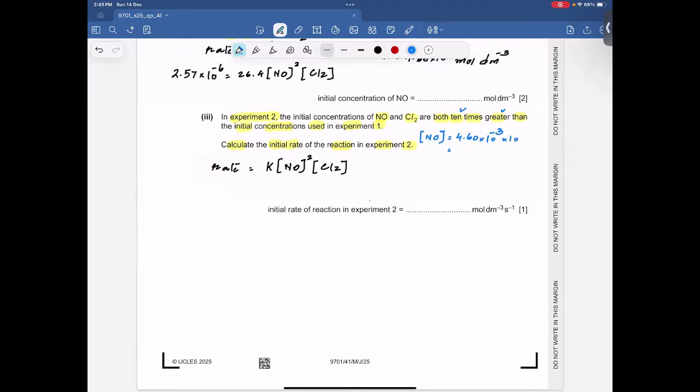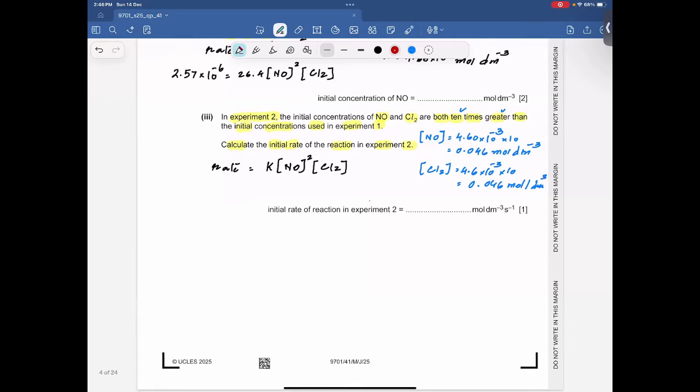So it's going to be 0.046 mole per dm cube. Similarly, the concentration of chlorine is also 10 times. And since NO and chlorine have equal concentration in the previous part, I'm going to use the same value for chlorine also, and multiply it by 10. So I'm going to get the same amount, mole per dm cube.